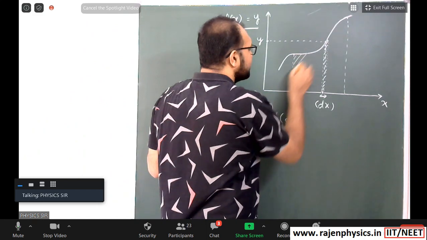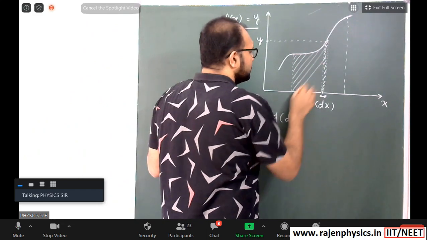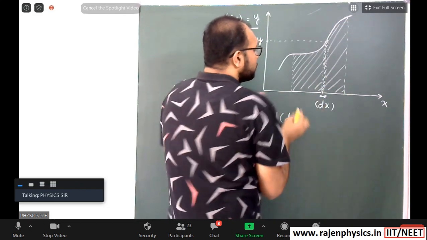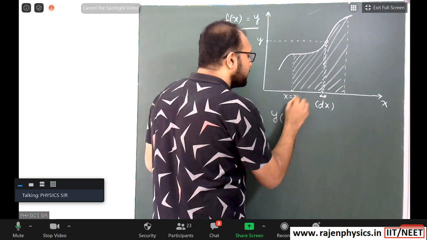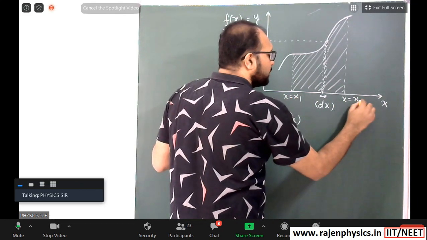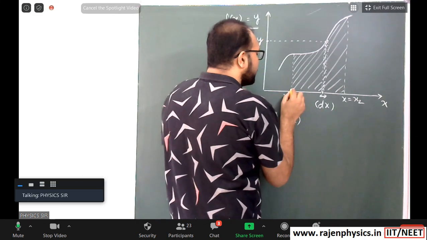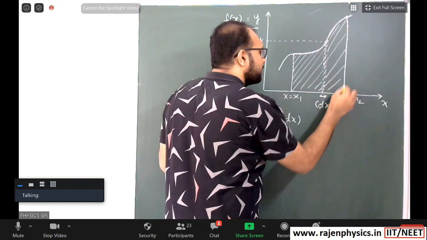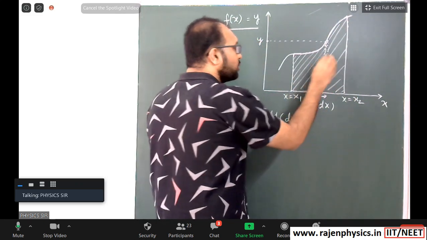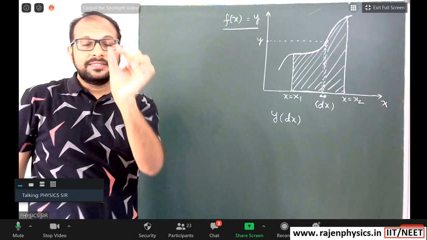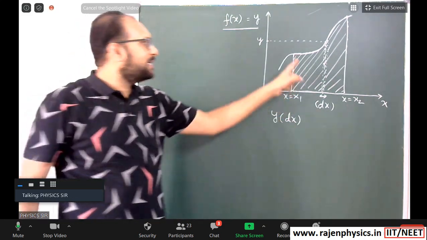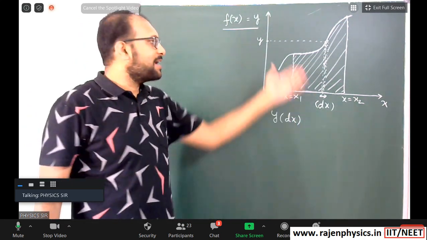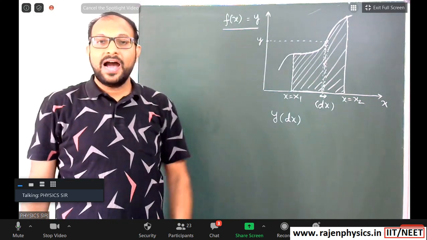This is like this. Suppose here x equal to x1, here x equal to x2. From here to here there is a curve like this. This total area, not just the small part, the complete area under the curve, is very difficult to find because it is not in the form of a rectangle or triangle or any known geometry.